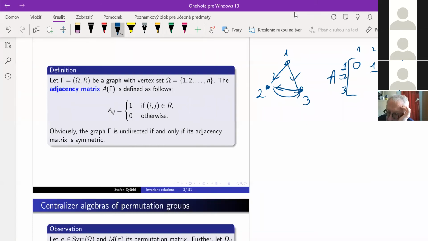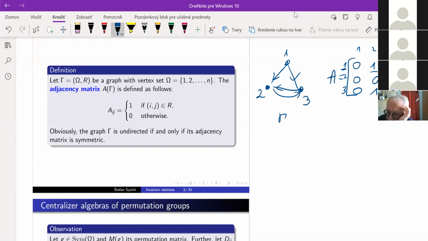From vertex 2, there is dart to 3 and no other darts. And from vertex 3, I have dart to the second one and no other. So this is how the adjacency matrix looks like for this concrete graph gamma.